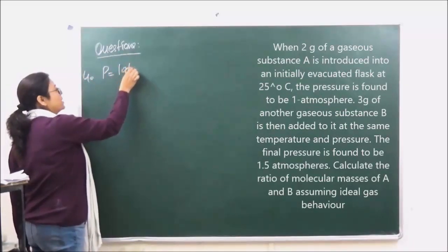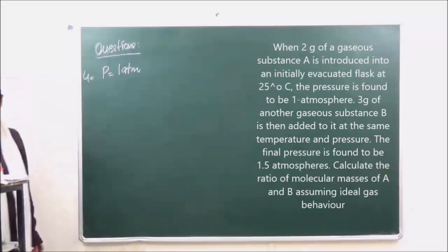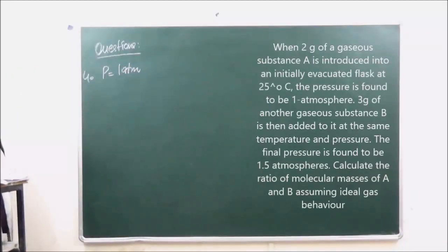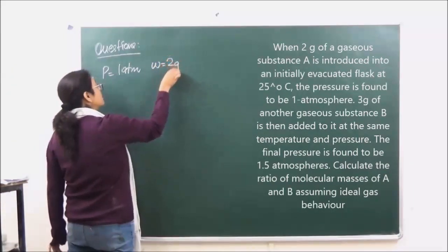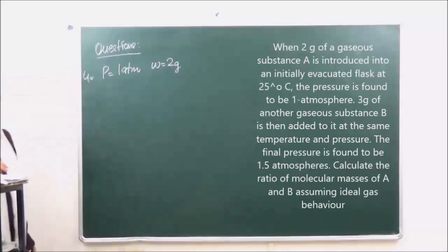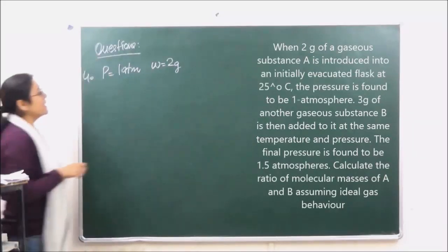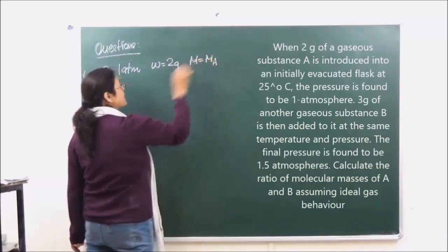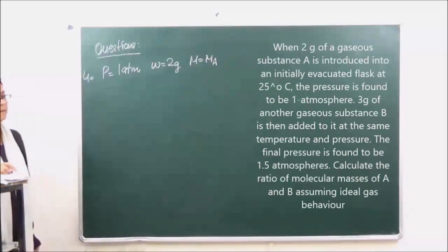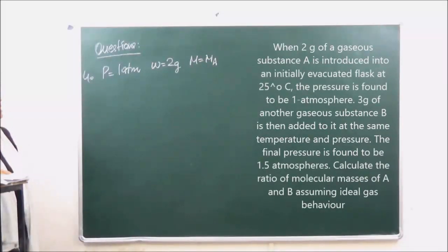Initially हमें जो pressure दिया गया है, that is equal to 1 atmosphere. Okay, and the weight given, that is equal to 2 grams, right? And let's say that the molecular mass of this gas, that is equal to Ma. Okay, क्योंकि आपको रेशियो फाइंड करना है ना, so we are taking Ma over here as the molecular mass of the first gas.